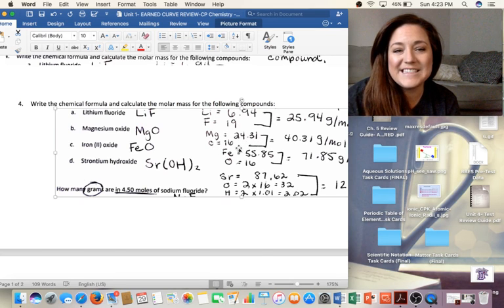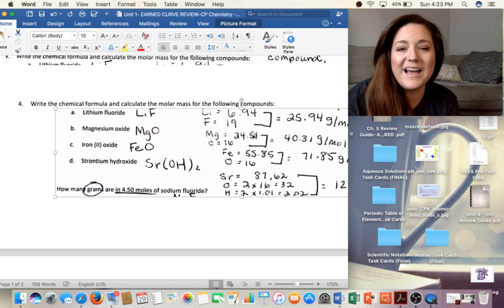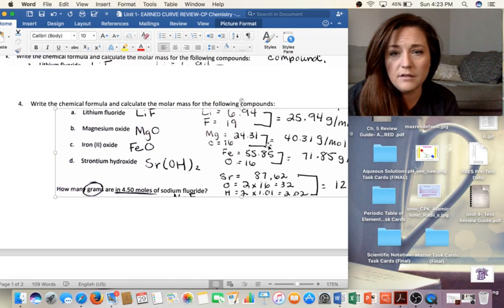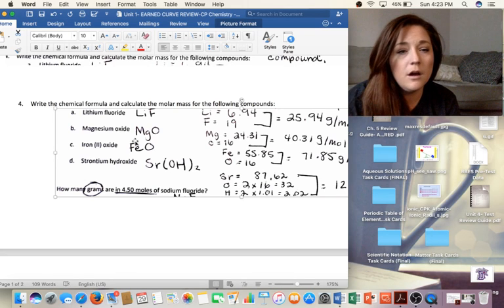Oxygen has 16. Again, I can just write those out straight because it's a straight ratio for these ionic compounds, magnesium and oxygen. So when I add those two numbers together, I get 40.31 grams to every 1 mole. All right, iron oxide.